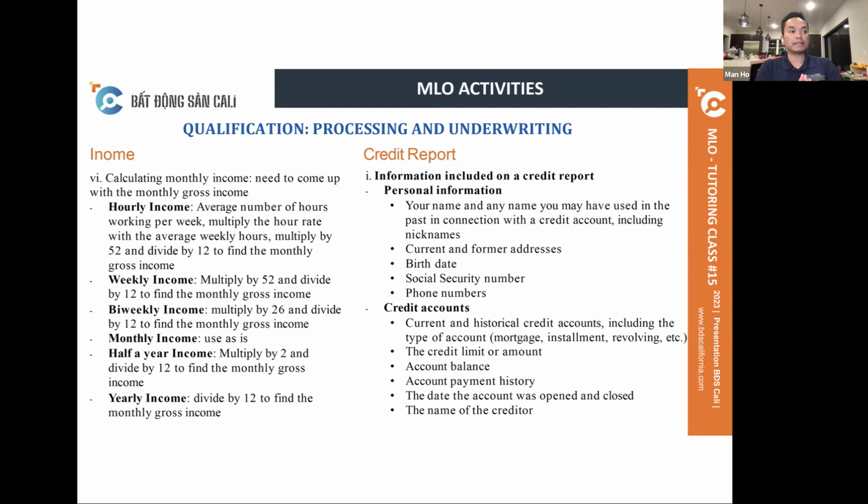If that income is stable, the same for the whole year, then you take that $800 and multiply by 52 weeks to get the whole year's income, and then divide by 12 to get a gross monthly income to use for loan calculation. That's how you do it for hourly income.